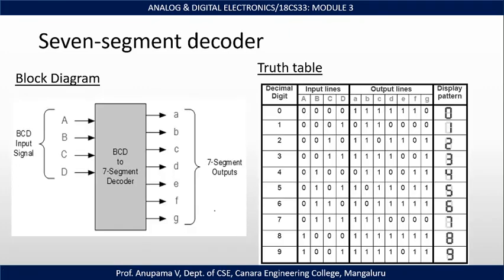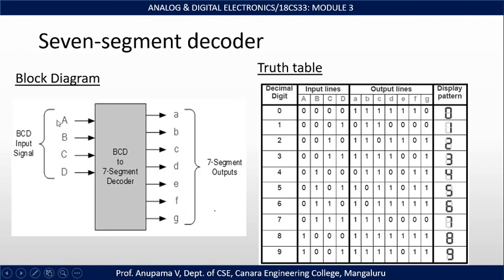Next topic is 7 segment decoder. Now we have studied what is 7 segment display. Now we will see what is 7 segment decoder. This diagram indicates the block diagram of 7 segment decoder where a BCD number is given as input and the output is the 7 segment display, that is, one of the 7 segments will glow.